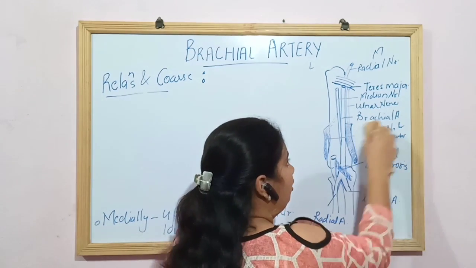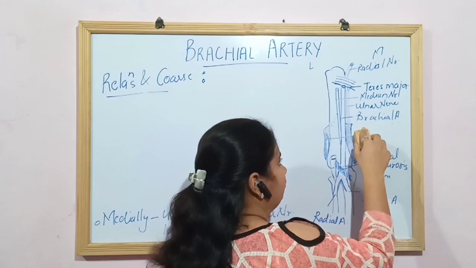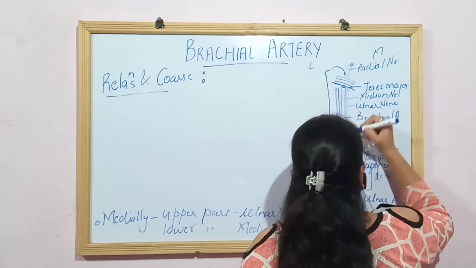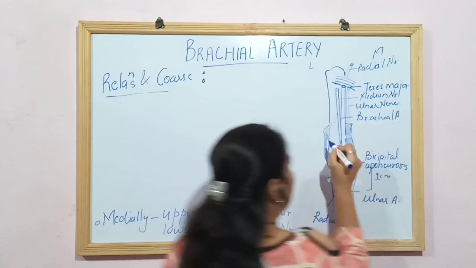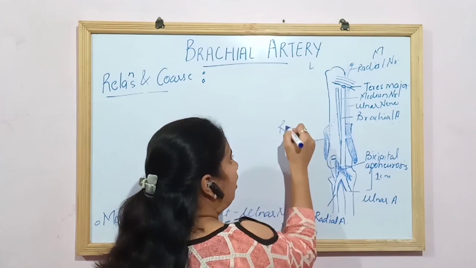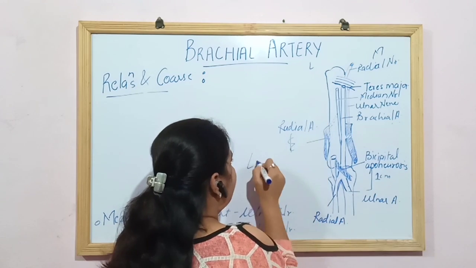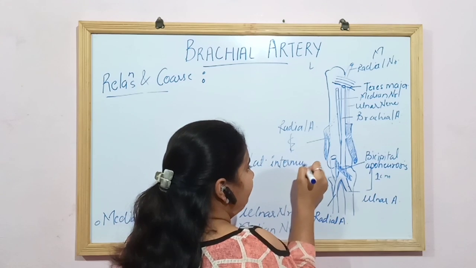Let me write it over here, so it will be clear to you. This is your radial artery and lateral intermuscular septum.